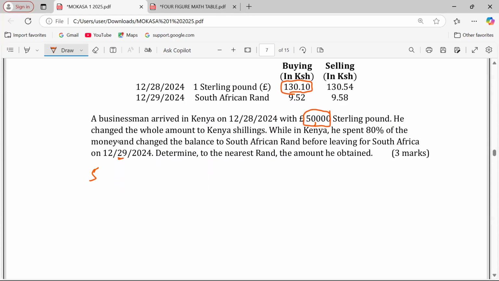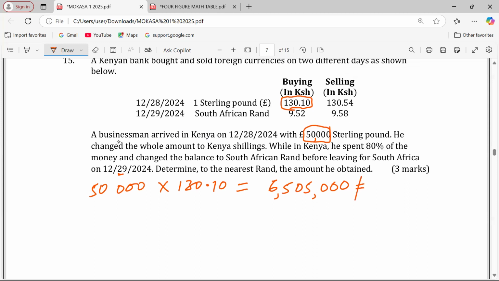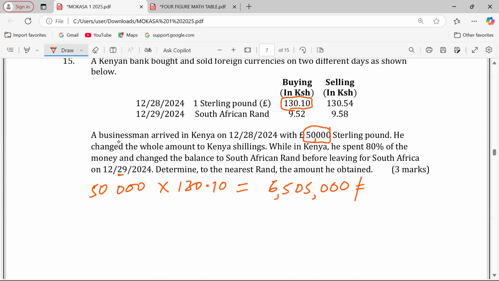So it will be 50,000, and each is being bought at 130.10. So coming to Kenya, he will receive 6,505,000. It's now Kenya shillings. Yeah, so the Kenyan bank will give him this.